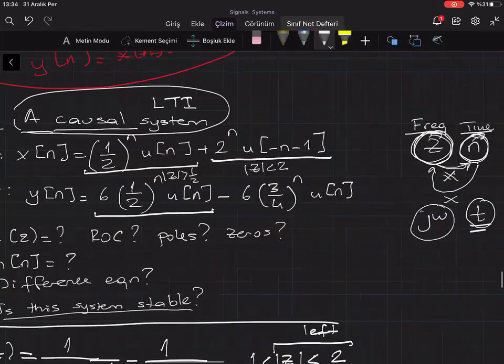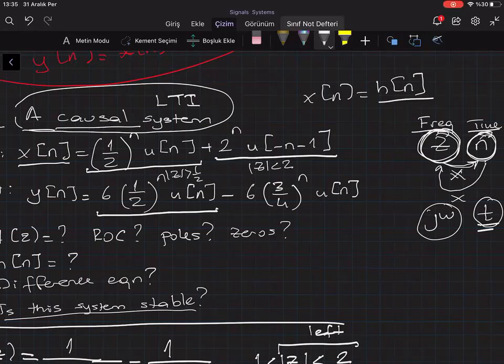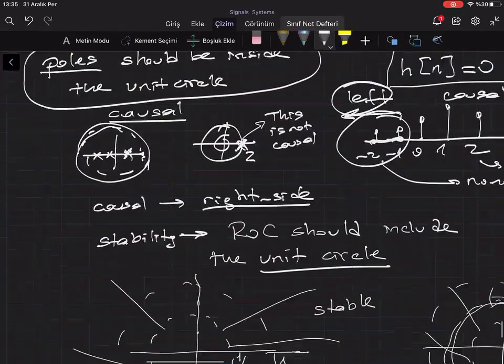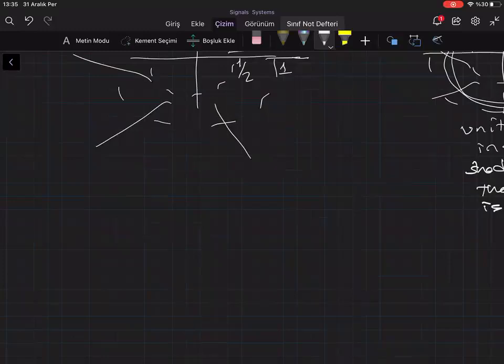For example, arkadaşlar, if this was not the input signal but x of n was our impulse response, for stability or causality, I only check h of n. Burası önemli. h of n should be checked for causality or stability. I don't check x of n or y of n. Let me write it over here once more for completeness.